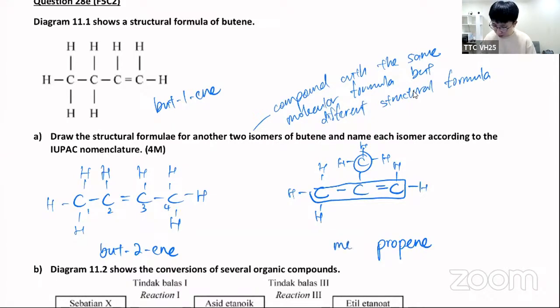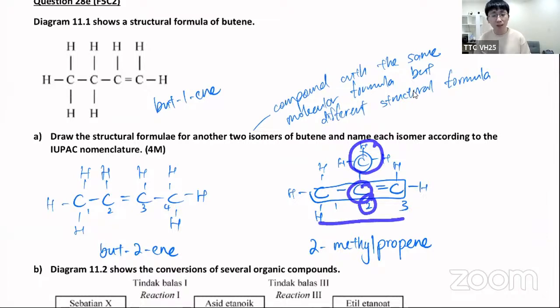We call it a methyl. So it's a methyl propene. And don't forget the position of the tail. It's carbon number 1, carbon number 2, carbon number 3. So it's 2-methyl propene, because the methyl is located at carbon number 2 of propene.